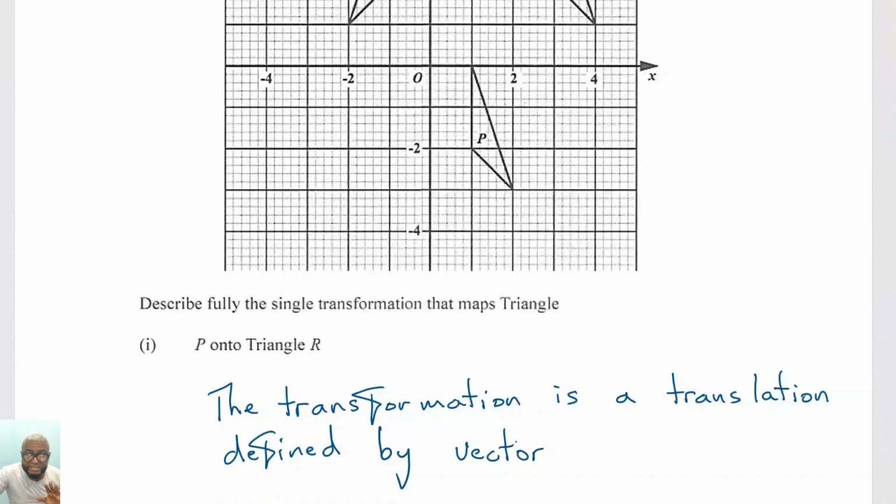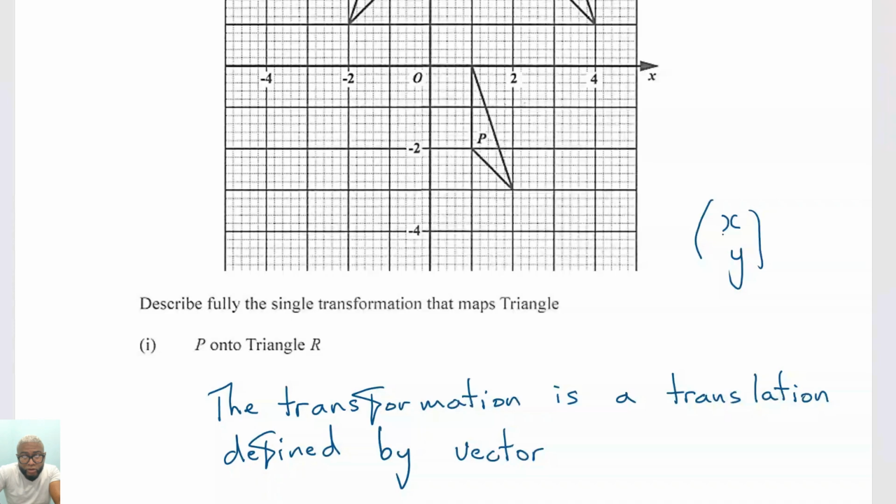So we have to figure out the translation vector now. For those who remember this when I did it, x would be movement to the left or to the right. This is under transformations. So x would be movement to the left or right. If we move to the left, it would be negative. If you're moving to the right, it will be positive. So let me map this here.